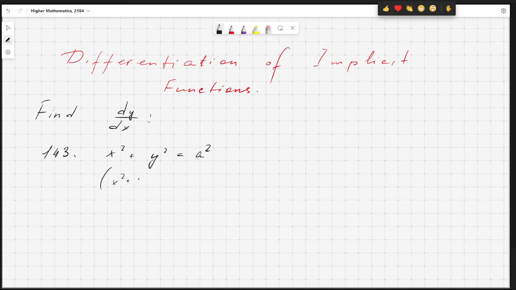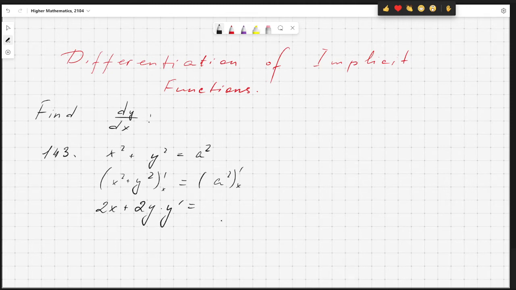X squared plus y squared, prime with respect to x, equals a squared, prime with respect to x. X squared prime with respect to x is 2x, plus y depends on x, because y squared prime is 2y times y prime.